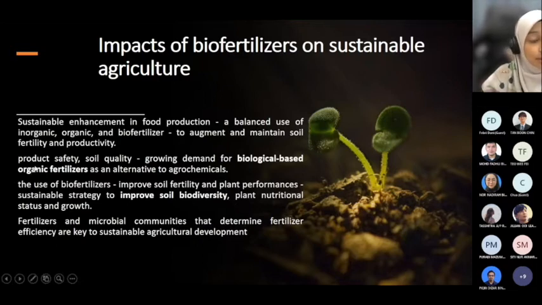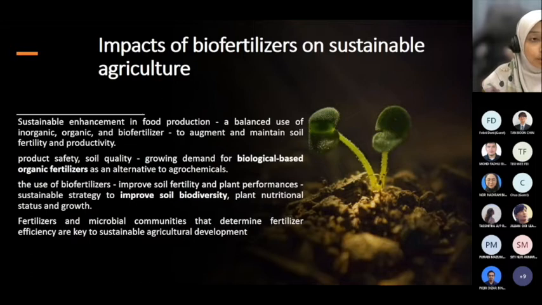And then, in order to have better, safe food, and of course to maintain soil fertility, soil productivity, soil quality, there's growing demand for biological-based organic fertilizers as an alternative to agrochemicals, right?